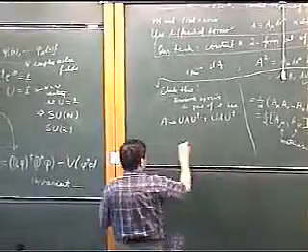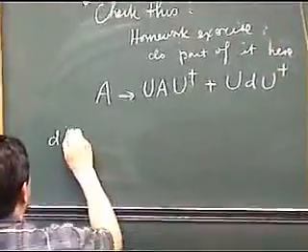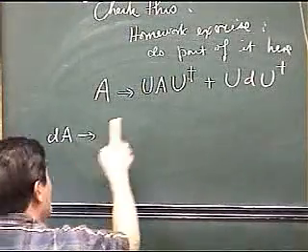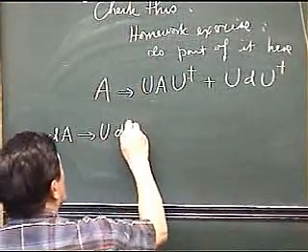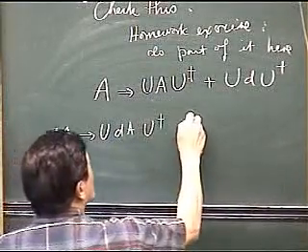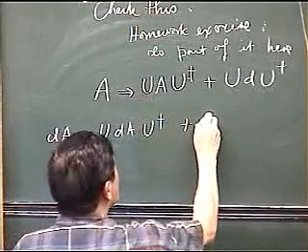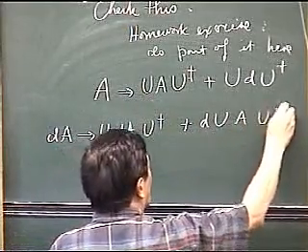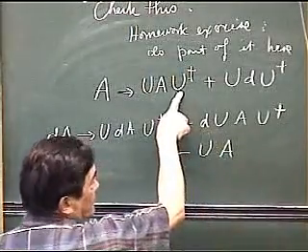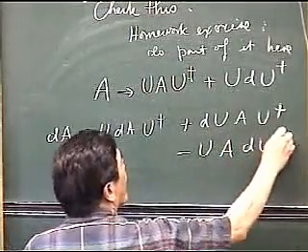And so if I have this transformation law, then I can calculate how dA transforms, because we just apply d to this equation. So there's a U dA U dagger, when the d acts on this A, plus the d can act on this U, so dU A U dagger, then minus U A when the d acts on this U dagger.